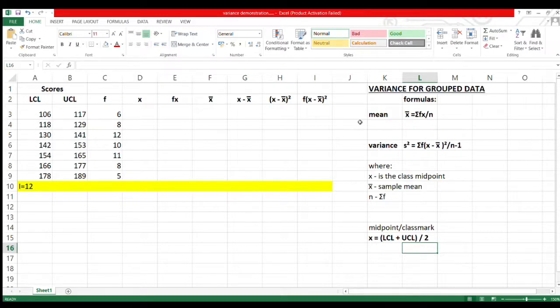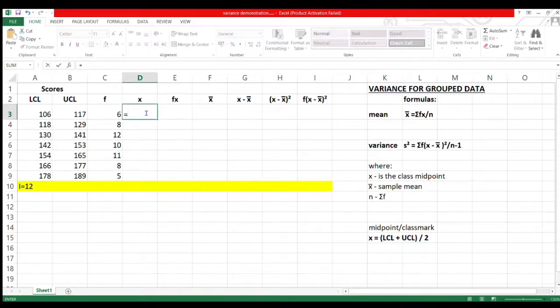Now, we need the sample mean, so the formula for the mean is the summation of f times x over n. So, we need the class midpoint. To find the class midpoint x, we just add the lower class limit and the upper class limit and divide by 2.